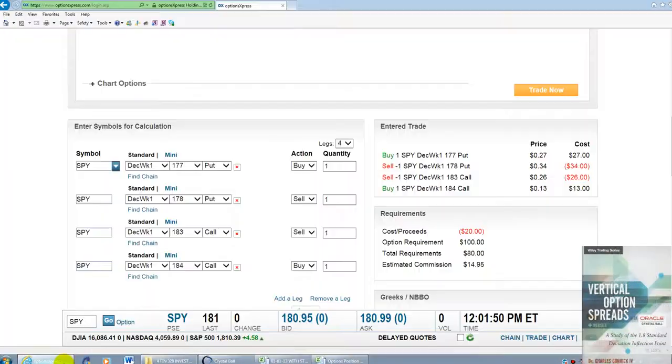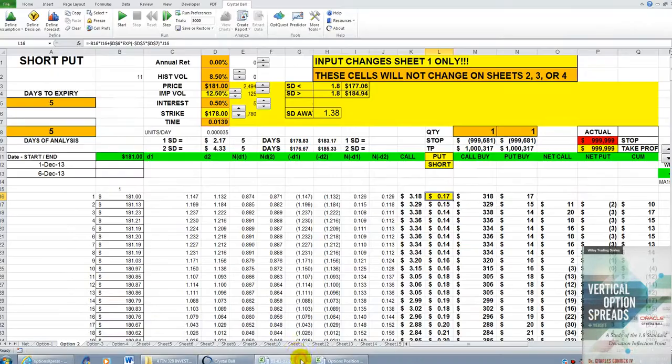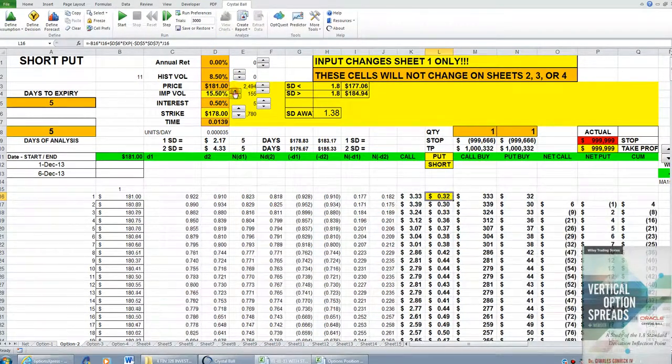And the price we were given on that was 34.7. So for the 178 we need 34 cents, so we'll raise the implied volatility until it reads 34 cents. And there it is at about 15.9. Now you might be wondering why the difference.